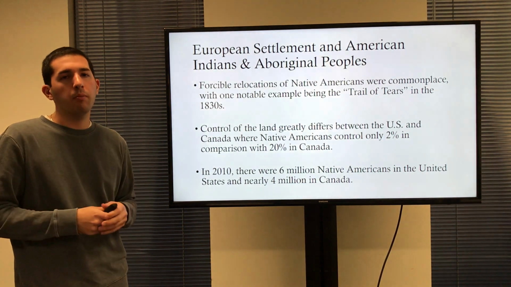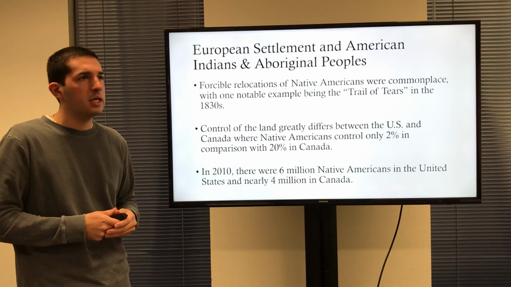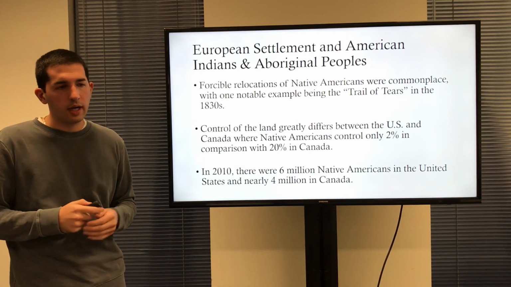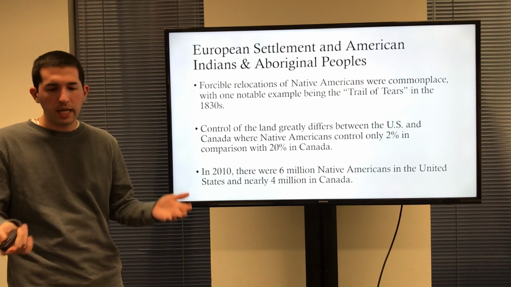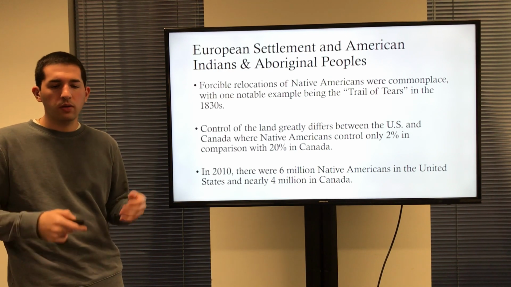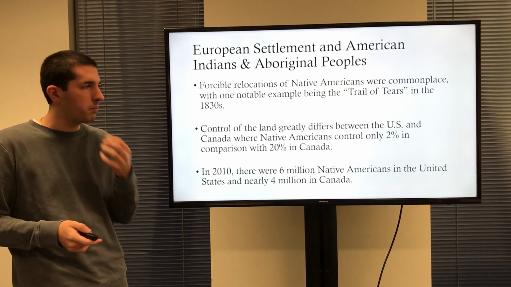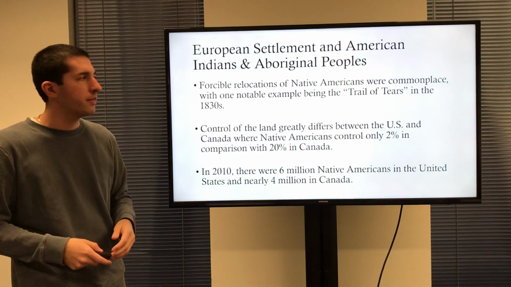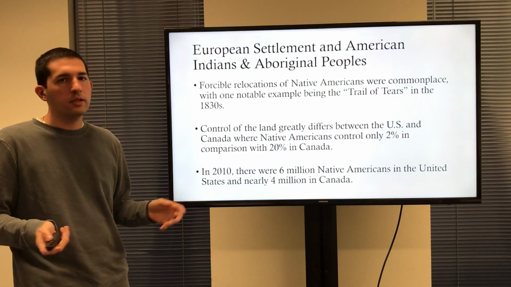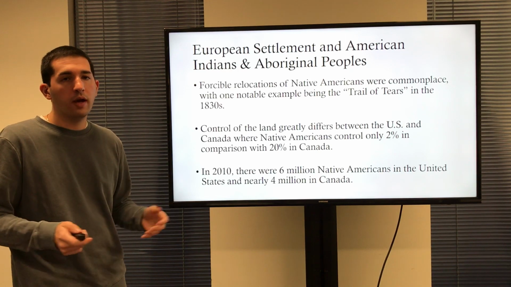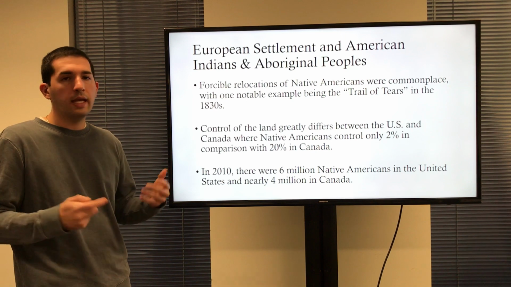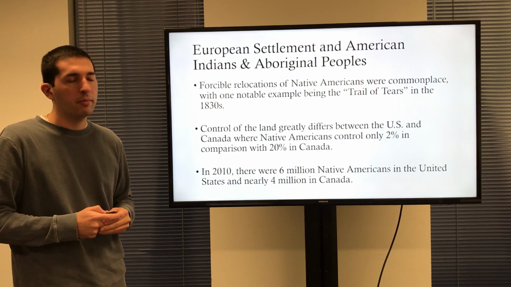One notable example, perhaps you've heard of it, is the Trail of Tears, the forcible relocation of a variety of tribes and nations, the Choctaw, the Seminole, the Creek, the Chickasaw, and the Cherokee peoples, who were forcibly moved to Oklahoma from the American Southeast. And 4,000 Native Americans passed away on their journey, which is why it was known as the Trail of Tears, a stain on our American history.